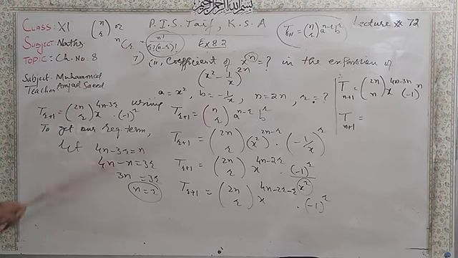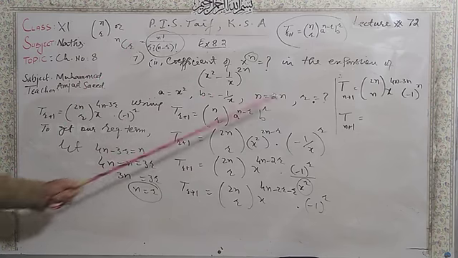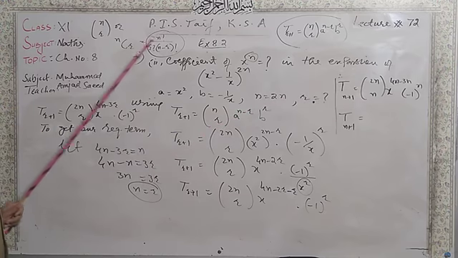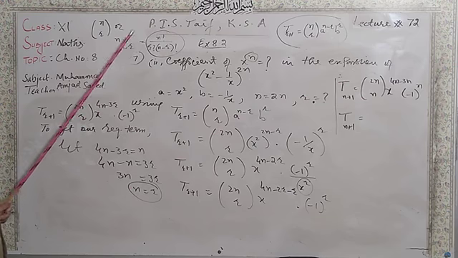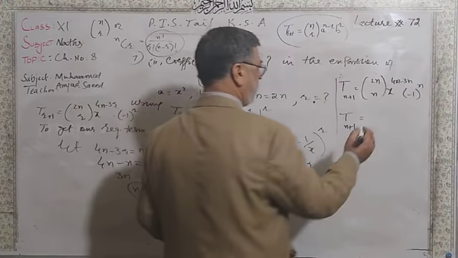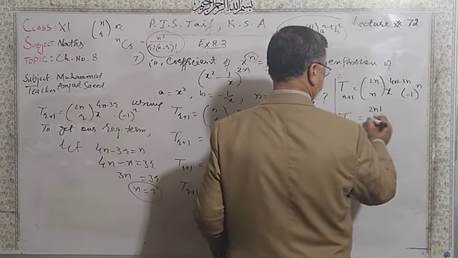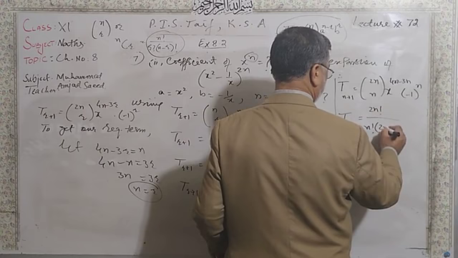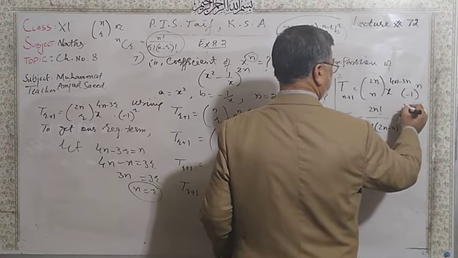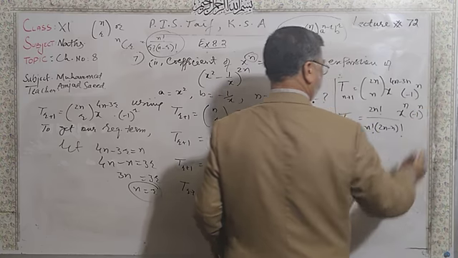We use the calculator, but sometimes you have to make use of this formula because you do not have any fixed number. So here it is 2n factorial over n factorial into 2n minus n factorial, x power n, minus 1 power n.